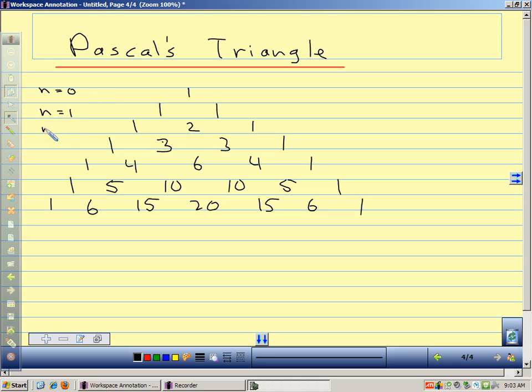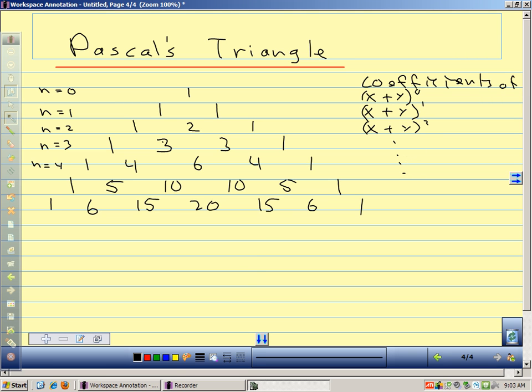N equals 1, n equals 2, n equals 3, n equals 4, etc. And this gives us the coefficients of x plus y to the 0, x plus y to the first, x plus y squared, etc. So these are the coefficients of these binomial expansions.